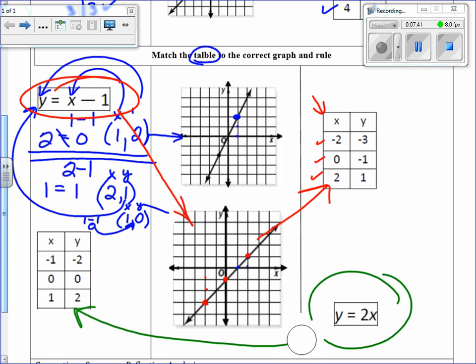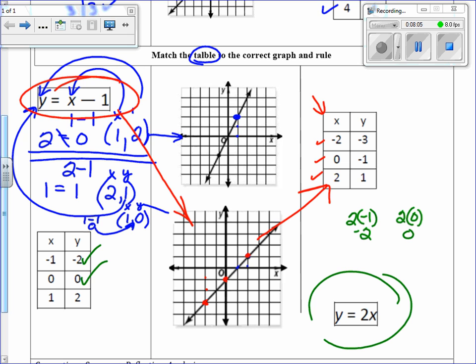So what I want to do is substitute values in. 2 times x. So I'm going to say 2 times -1, and that's going to equal -2, and that's my y value. So that works. Now I'm going to say 2 times 0. 2 times 0 is 0.